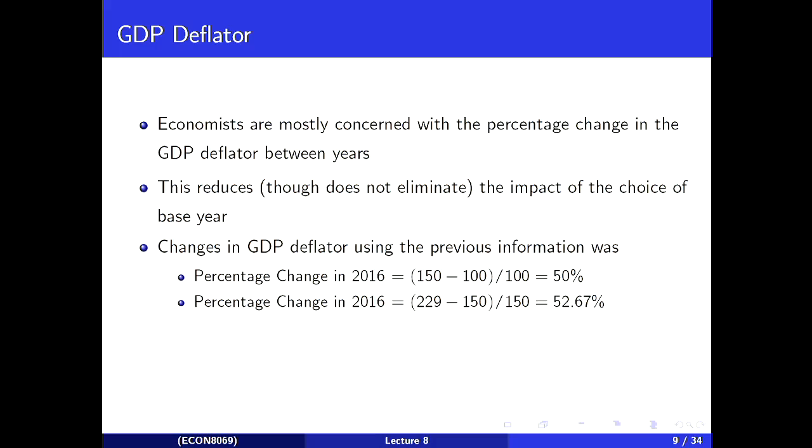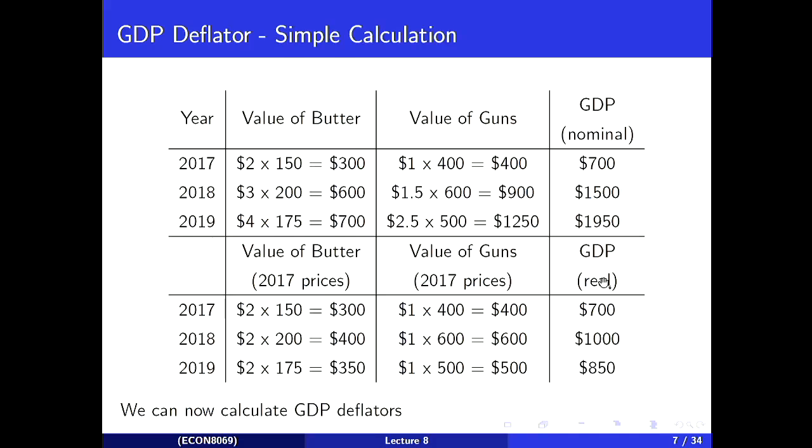And so all we're saying is that in this economy, prices increased by 50% in 2018, and they increased by a little over 50% in 2019. That should accord with our intuition here. All prices increased by 50%, so any measure of price increase has to say that prices increased 50% going from 2017 to 2018.